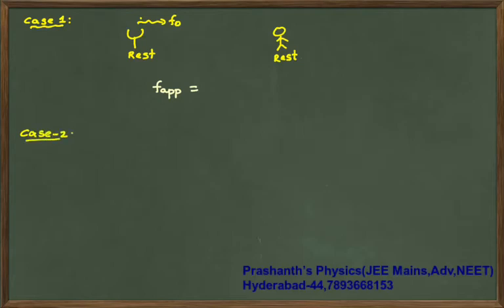Case 2. Now your source is at rest. Now the observer moves with speed of VO. What is your apparent frequency? Pause the video clip. Take a minute, give it a try.